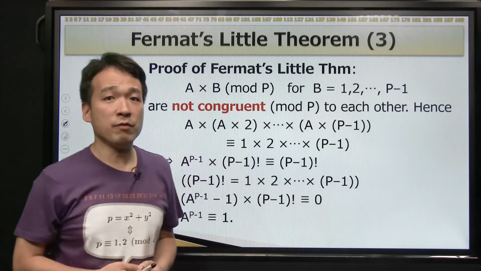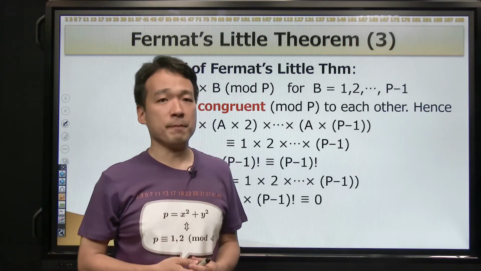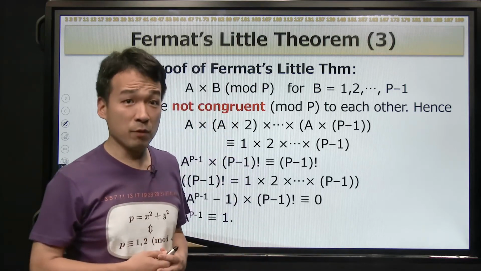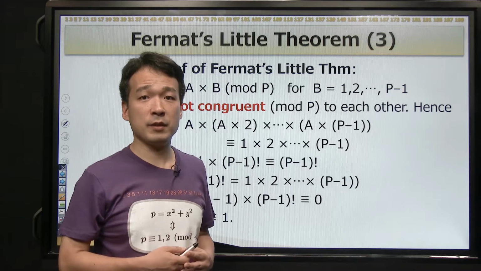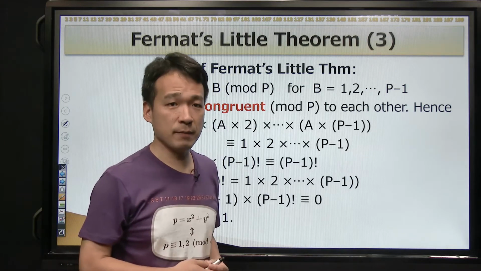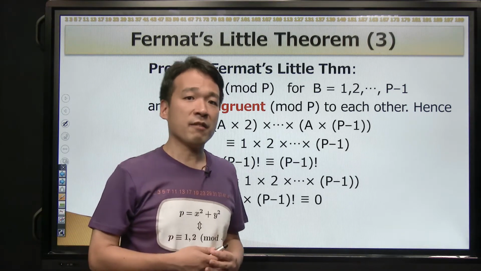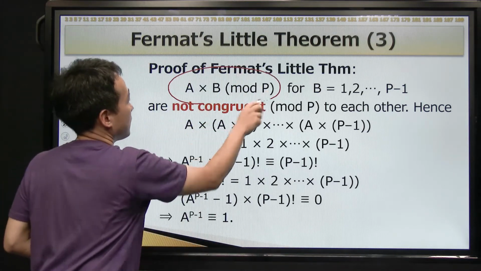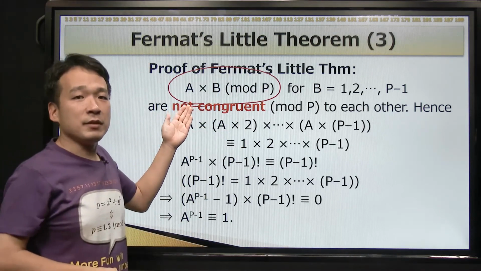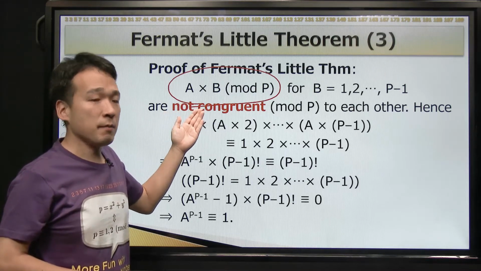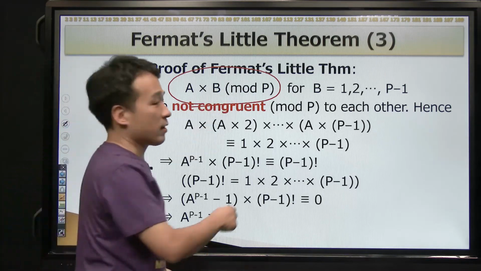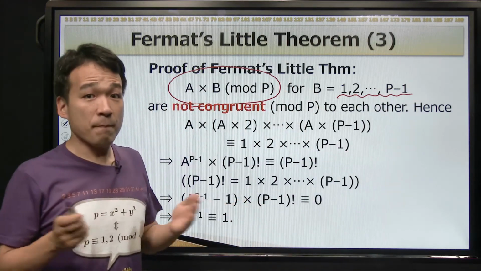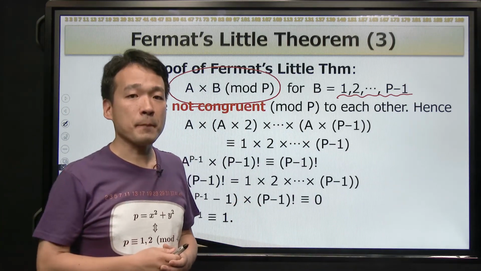We shall give a proof of Fermat's little theorem. The idea of the proof is similar to the proof of the existence of the multiplicative inverses. First, consider a times b modulo p for b varying from 1 to p minus 1.